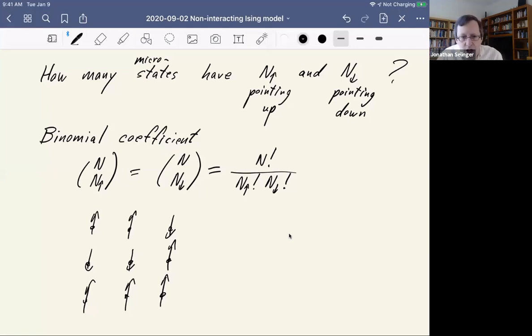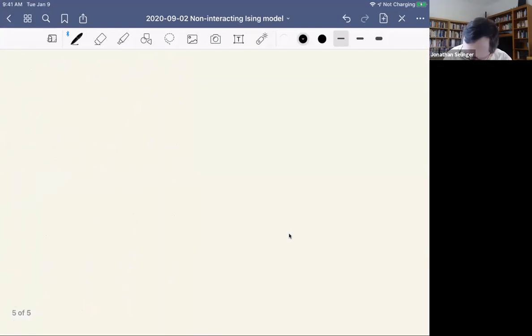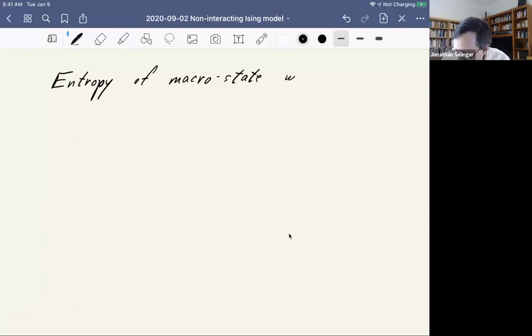And if I want, then I can say, what is the entropy of this macrostate with a certain value of m?